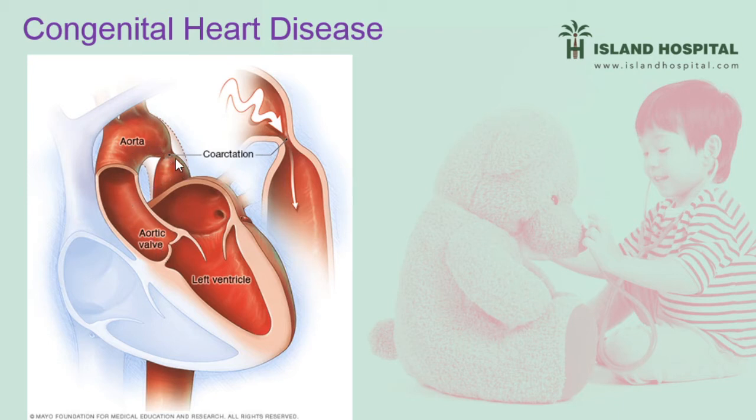And as you can imagine, if there's a narrowing here, what happens is the pressure in the heart on the left side will increase, and the heart will become swollen and the muscles become thicker because the heart has to work harder to pump blood across this narrowing. And because of the high pressure, some children can develop high blood pressure. And if this is not picked up when they become adults, the high blood pressure becomes irreversible.